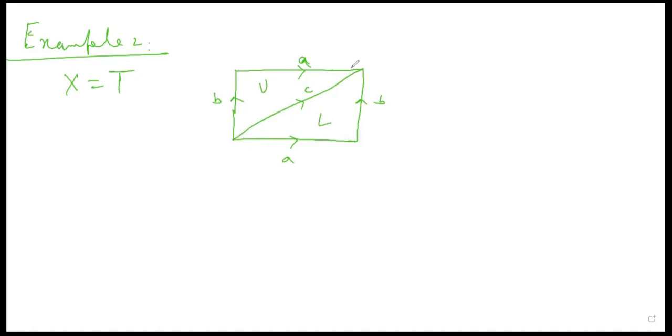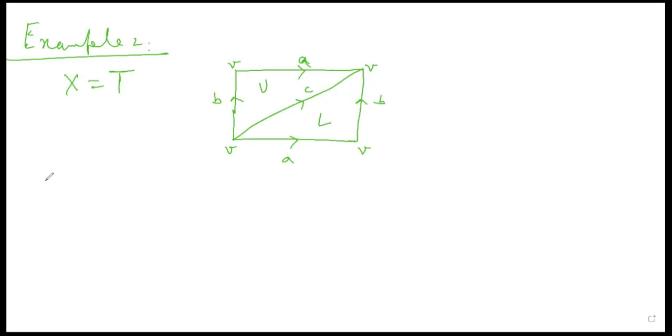Basically these will be identified in the torus, so this is basically the same vertex. So how many one cells do we have? These two are one and two, then three. So three one cells, right? Three one-dimensional open simplices, two two-cells, and one zero cell.